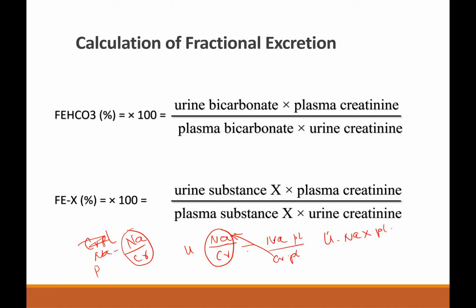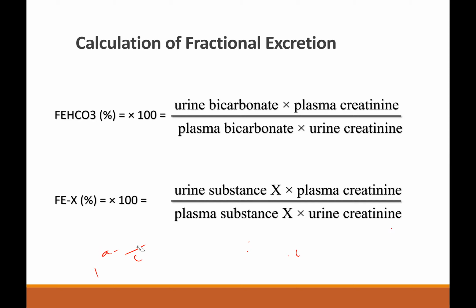And then the plasma sodium will come down. So this is the proportion of a substance in the urine compared to the proportion of the substance in the plasma. Why? Because we are talking about excretion. Excretion means urine should be the numerator. What is the proportion? Urine sodium by urine creatinine.